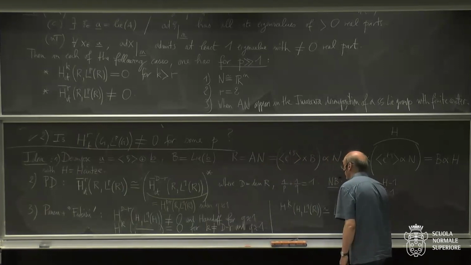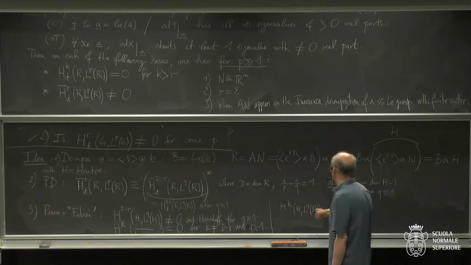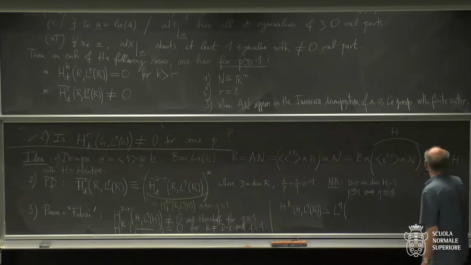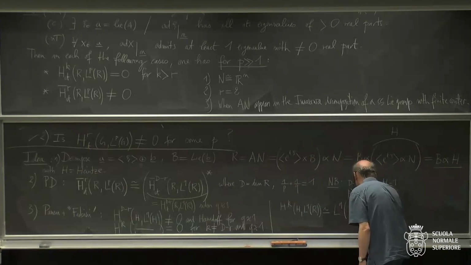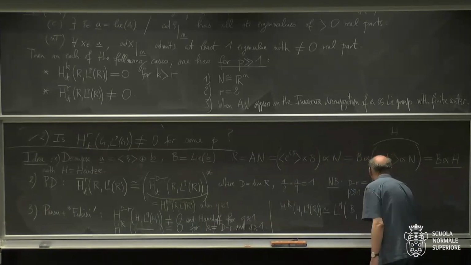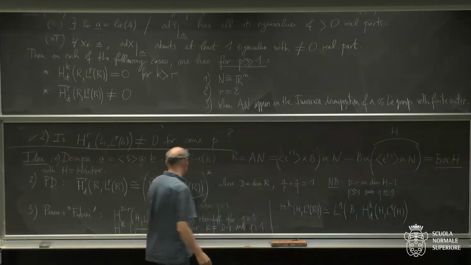So it's the same as the cohomology of B. It is the Lp of B with value in the cohomology of H with value in Lq of H. And this works when this cohomology group is Hausdorff, but it is Hausdorff here because it is either 0 or Hausdorff.